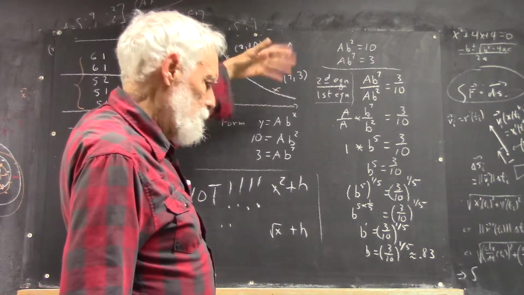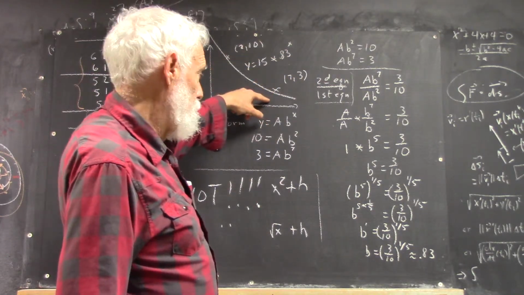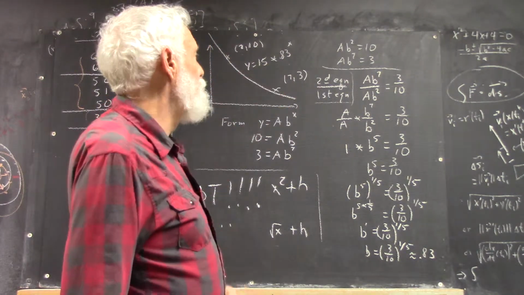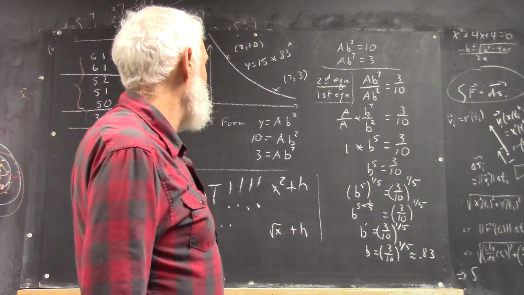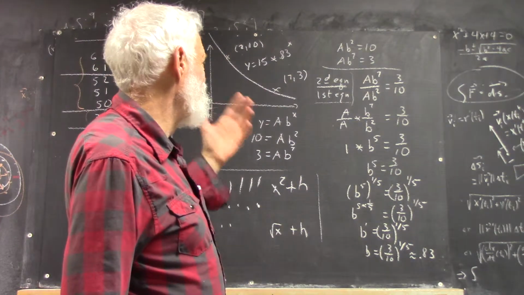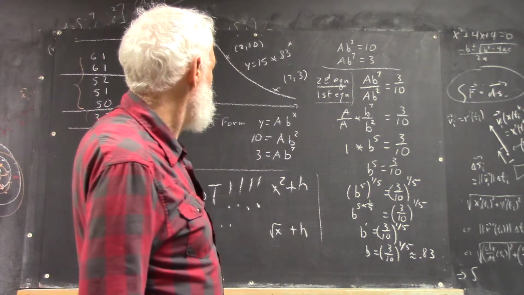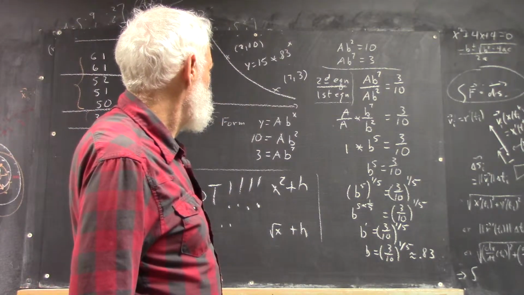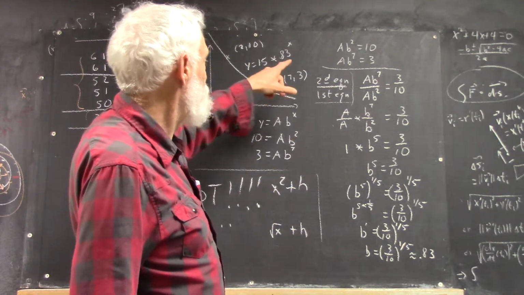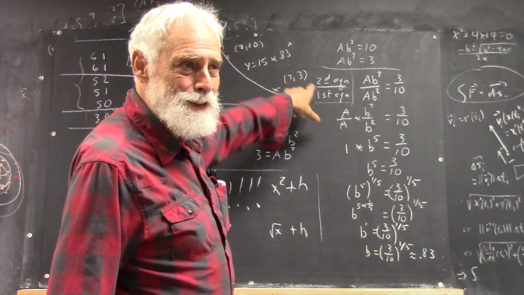Not real close, not within tenths or anything like that, but ballpark. Probably rounds off to 10, but don't hold me to that. The 7th power of 0.83 is a little harder to calculate. You're going to get like 0.2 something, and 0.2 times 5 is 3. So I kind of think my ballpark guesses might be okay.